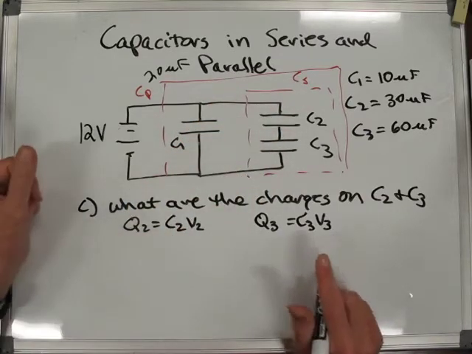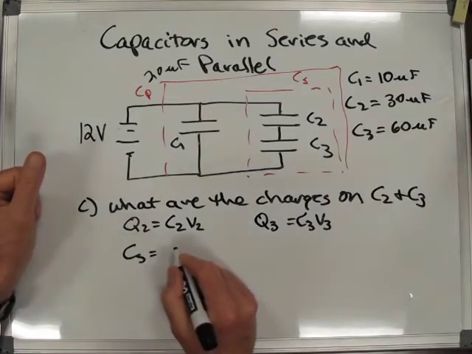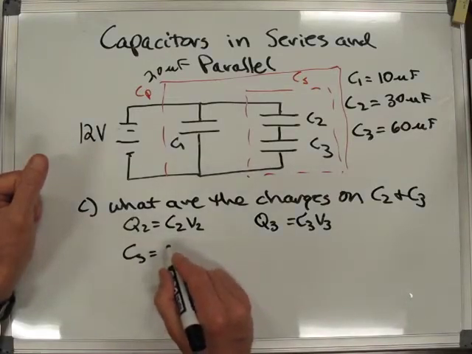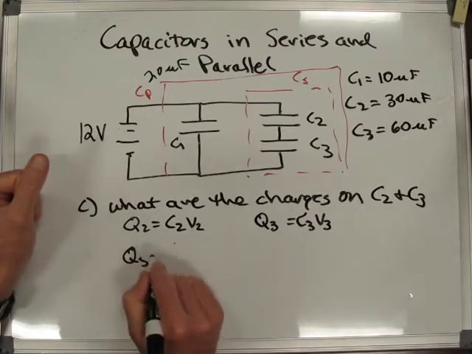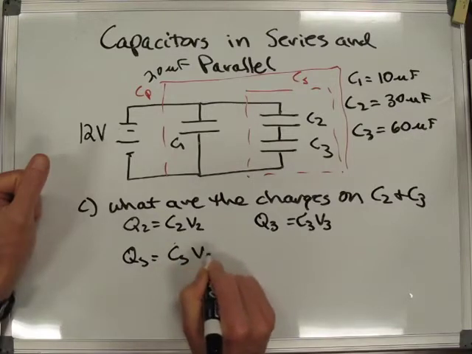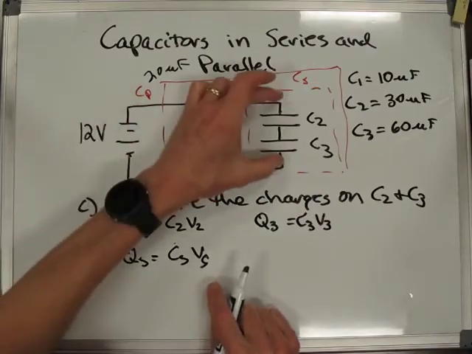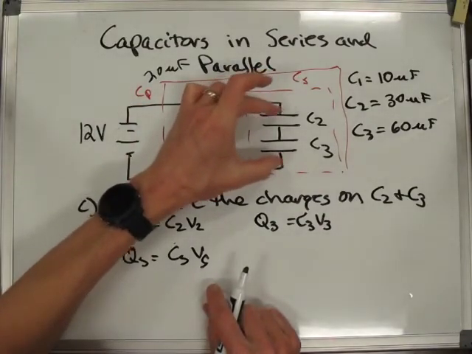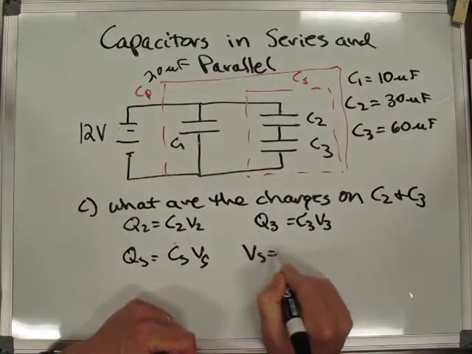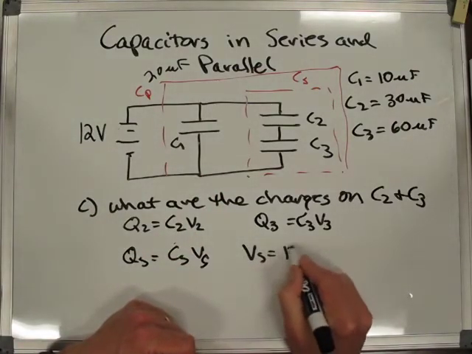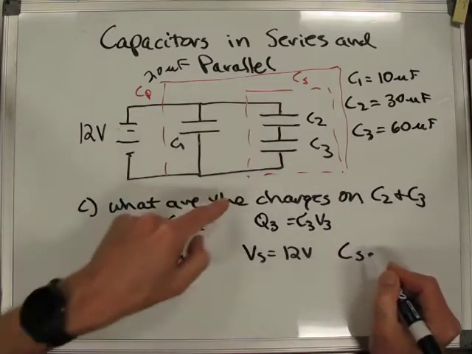What I do know is that Q series is equal to C series times V series. And this V series is the voltage across the whole thing, and that I do know. That's the 12 volts. The 12 volts is across the whole thing. So V series is equal to 12 volts. I also know C series, because we calculated it earlier, it's the series capacitance of these two.